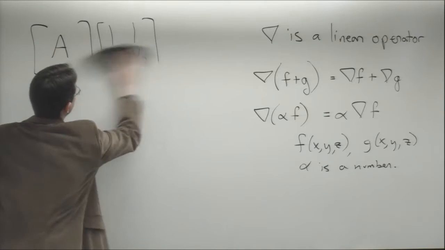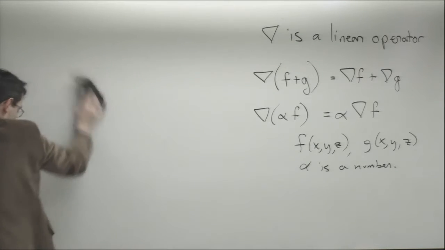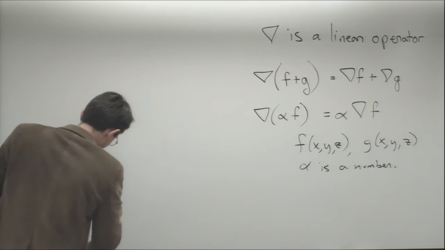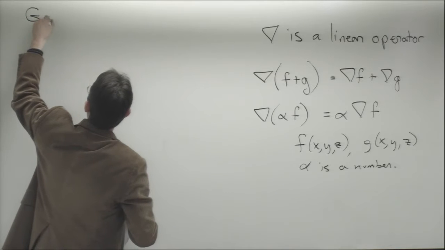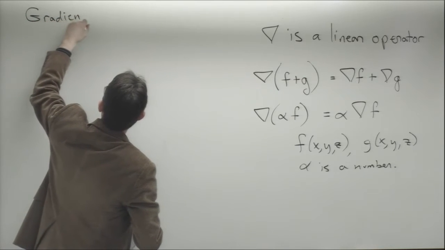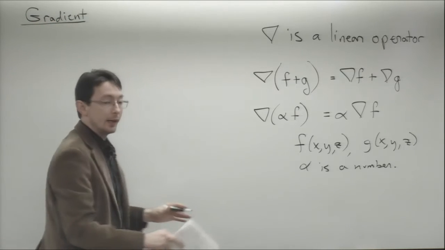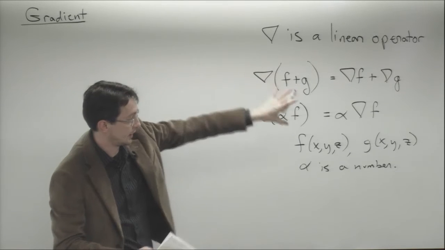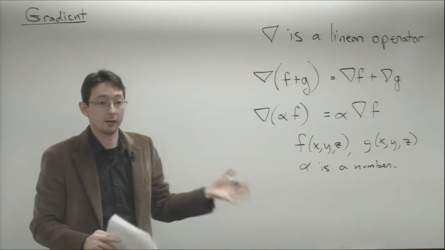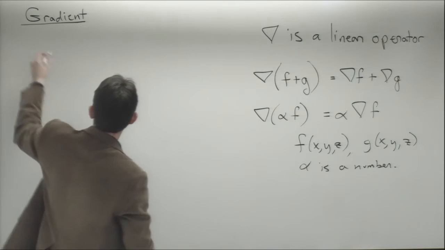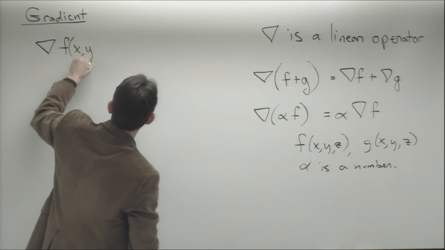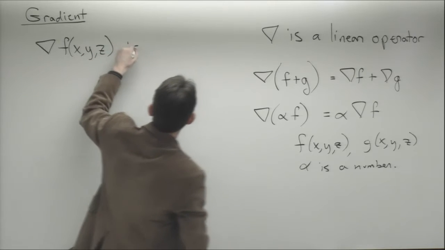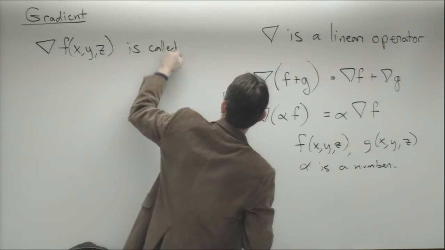So if we have the gradient, then the gradient is defined as applying this linear operator to a scalar function f. Okay, so this linear operator applied to some f of x, y, and z is called the gradient.